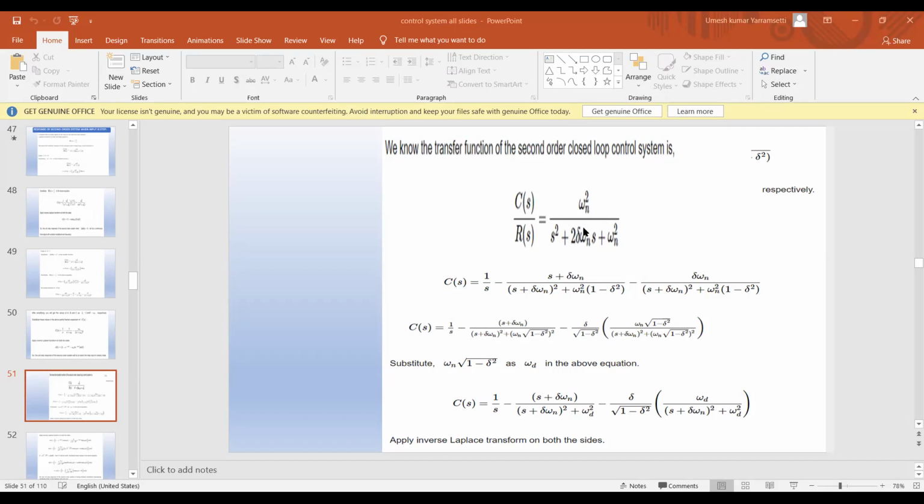We already saw that if delta is equal to 0, that means the damping is equal to 0, and it shows an oscillatory sinusoidal behavior.